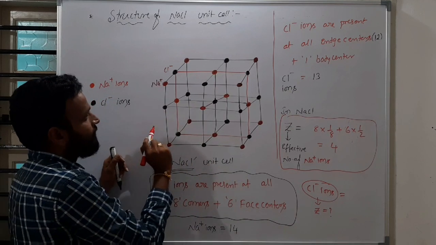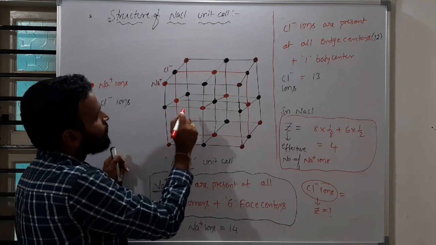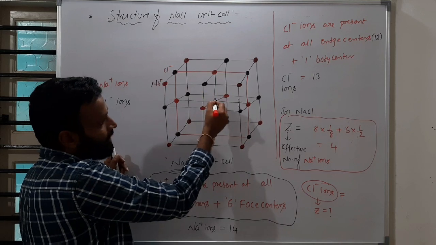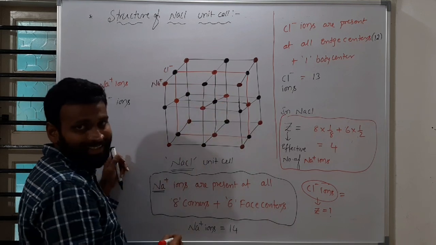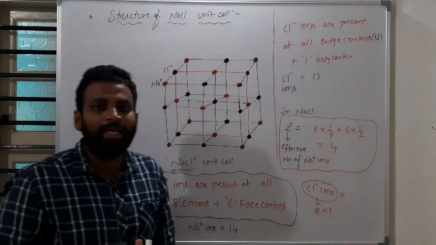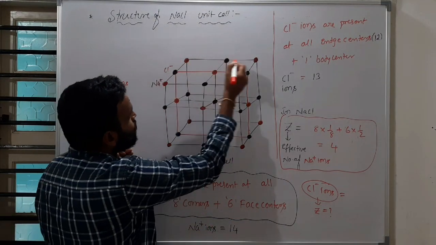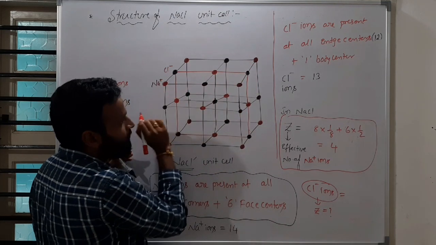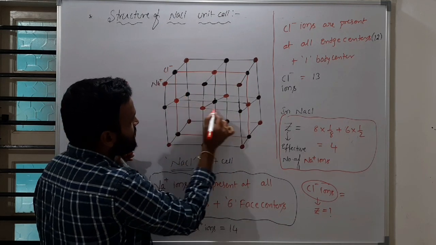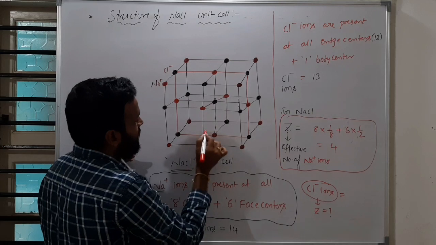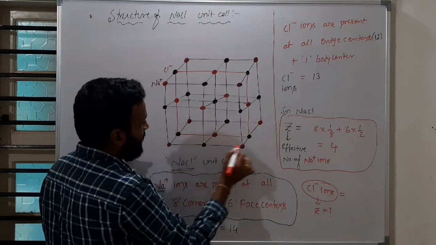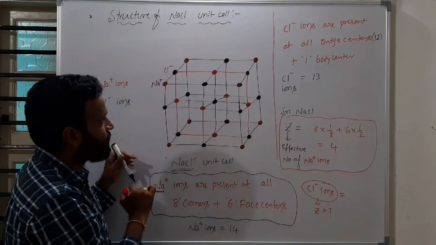At the same time, Cl minus is also present at the body center. So Cl minus ions are present at all edges: 1, 2, 3, 4, these are 4 edges, 5, 6, 7, 8, 9, 10, 11, 12. You have 12 edges, right?